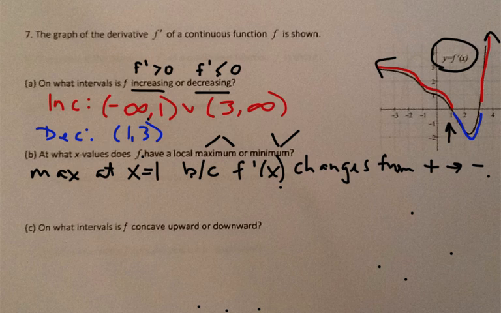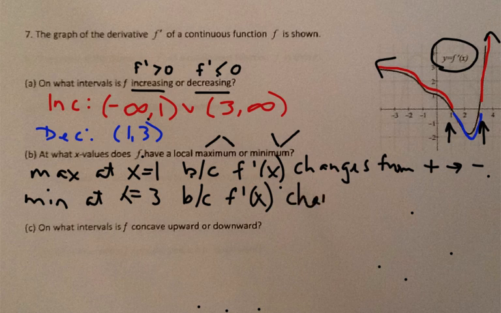Then, at this other 0 of my first derivative at x equals 3, I switch from negative to positive. So that means I was decreasing and then I'm increasing. So there's a minimum at x equals 3 because f prime of x changes from negative to positive.